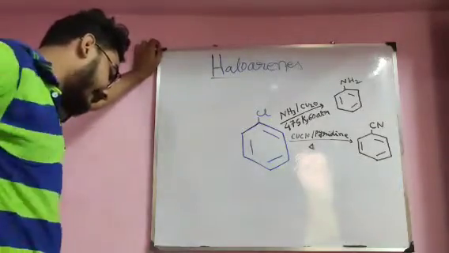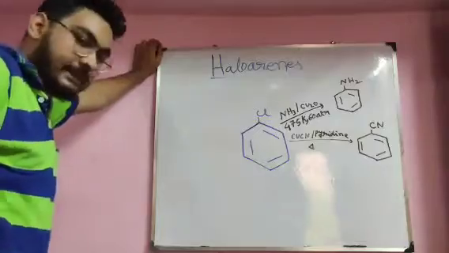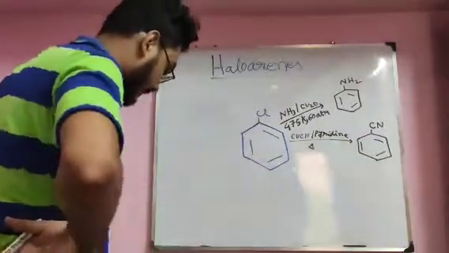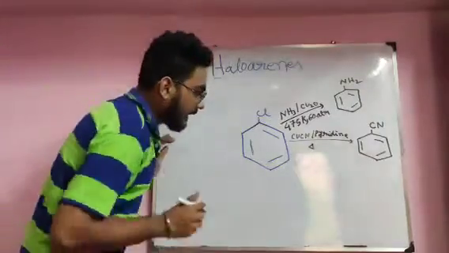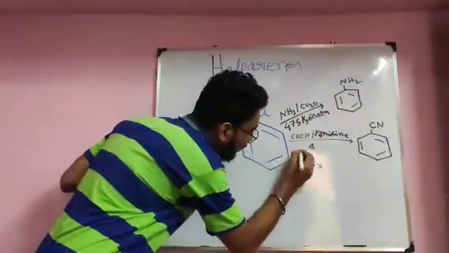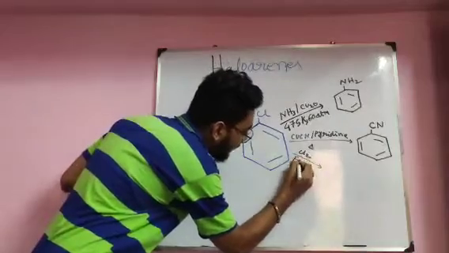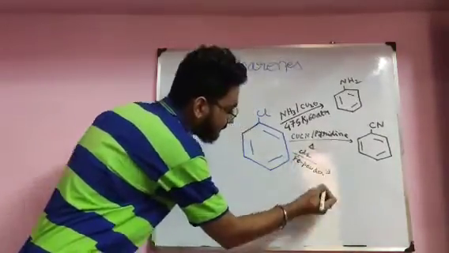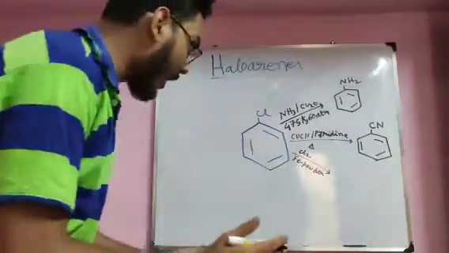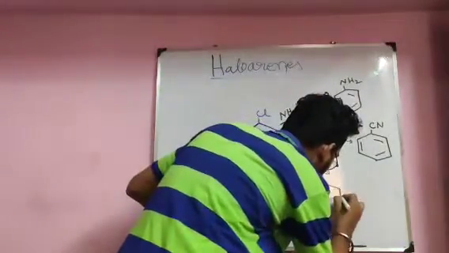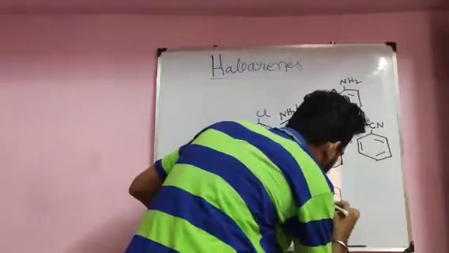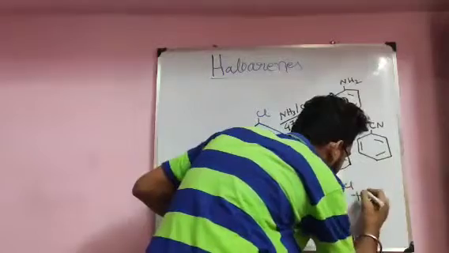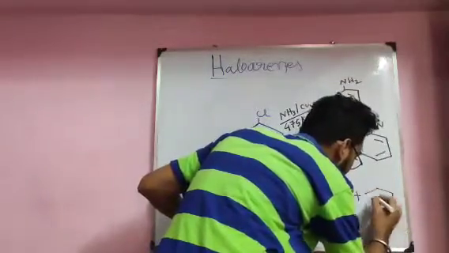Next is electrophilic substitution reaction of aryl halide. Okay, in this topic we can also discuss. If we give Cl2 and Fe powder, then the compound formed has one chlorine on the ortho position and another in the para position.